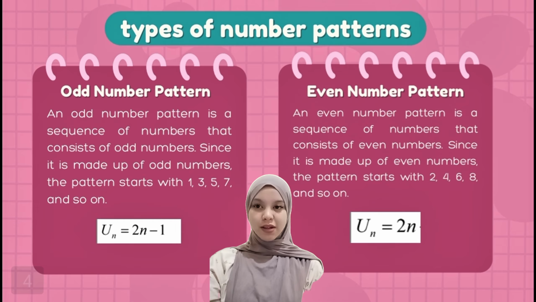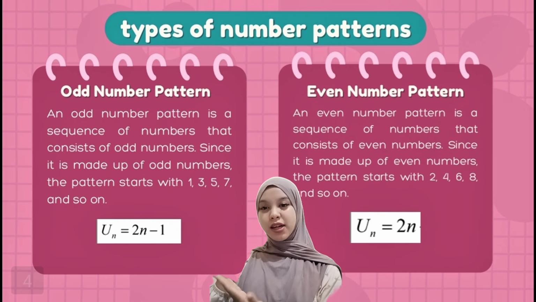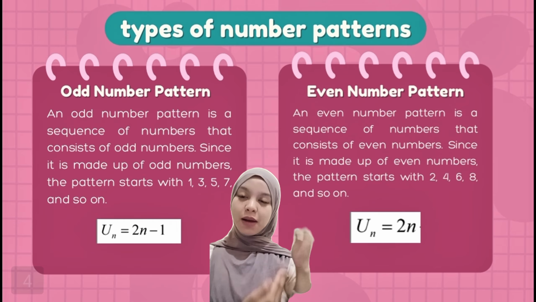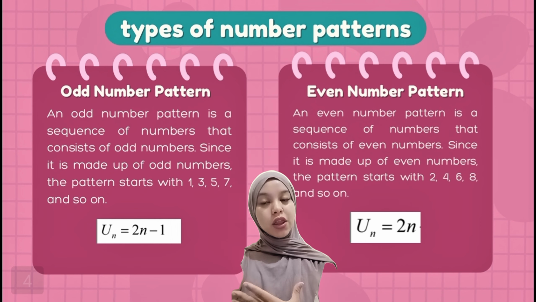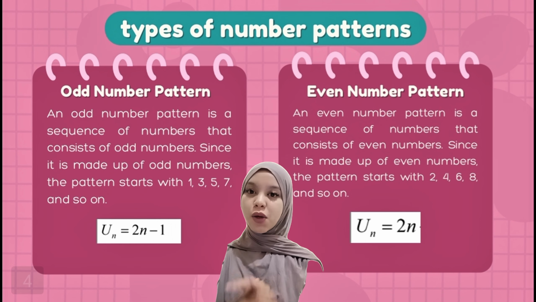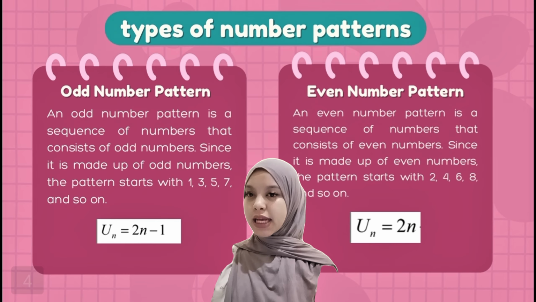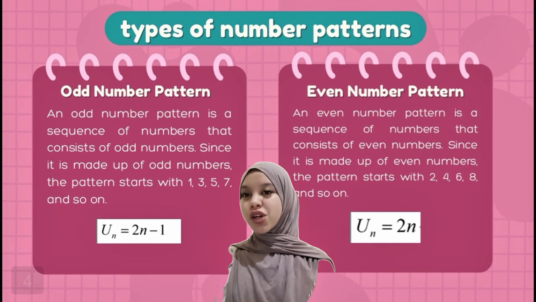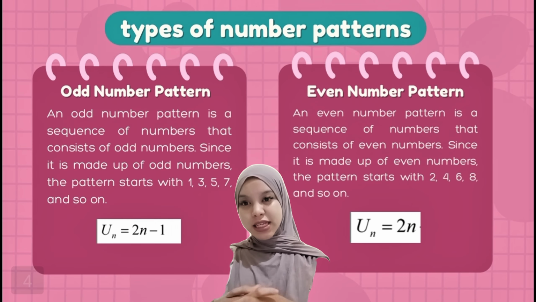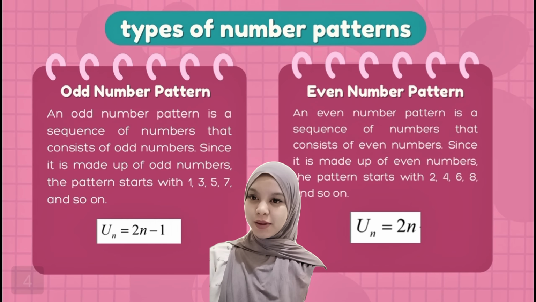Types of number pattern: odd number pattern and even number pattern. An odd number pattern is a sequence of numbers whose members are all odd numbers. Example 1, 3, 5, 7, 9.